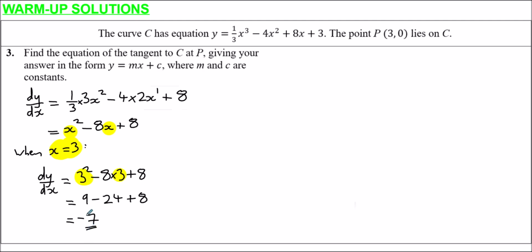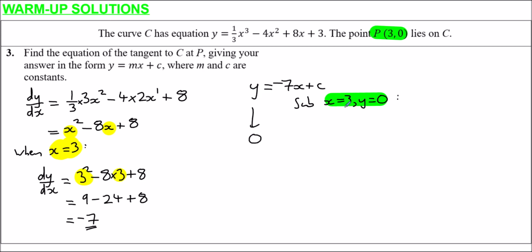So therefore, the equation of this tangent is y equals minus 7x plus c. But we can substitute in the point P. So if we sub in when x is 3, y is 0, we can work out what this c is. Basically the coordinates of point P. So 0 equals minus 7 times 3 plus c.